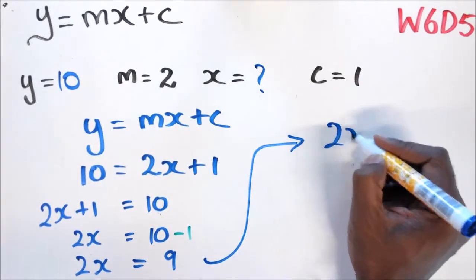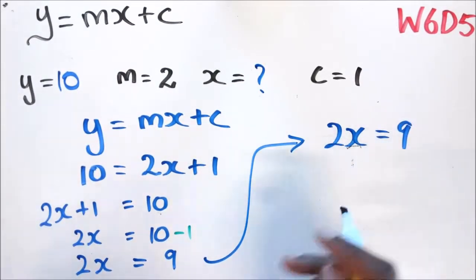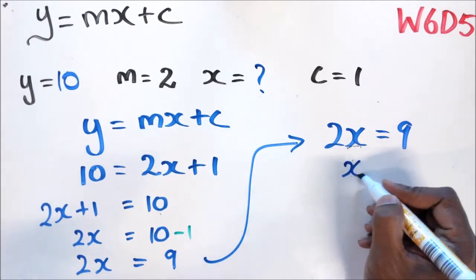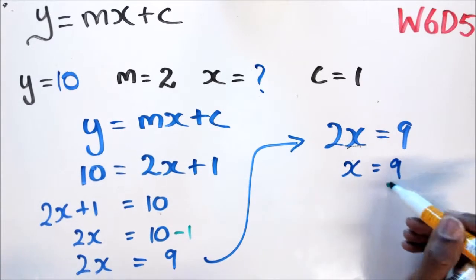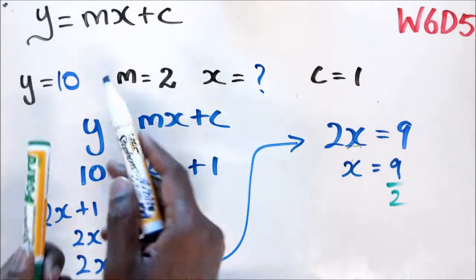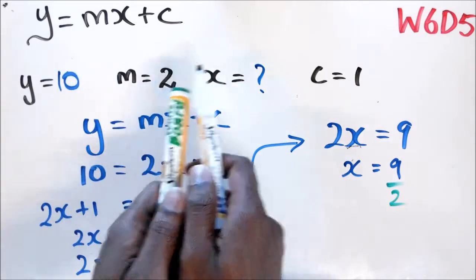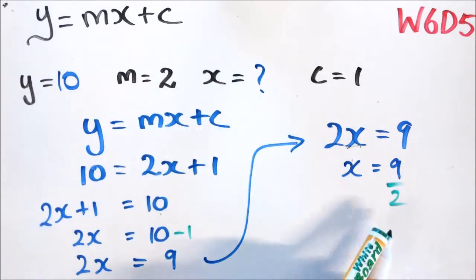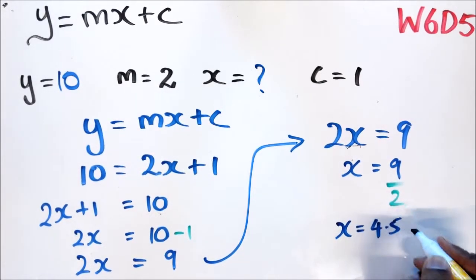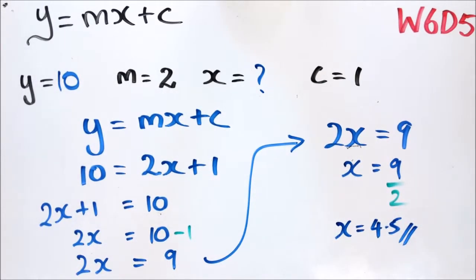Now I need to get rid of the 2 on the opposite side, so x is equal to 9 divided by 2. That's my answer. So if y is 10, m equals 2, and c equals 1, then x is equal to 9 over 2. Some of you might know that this is the same thing as 4.5. So it's just a different type of question they could potentially ask you.